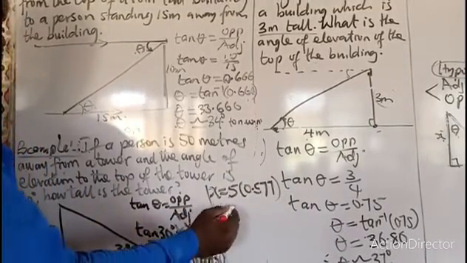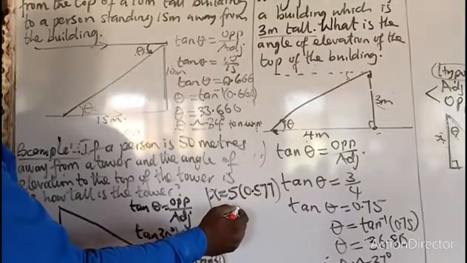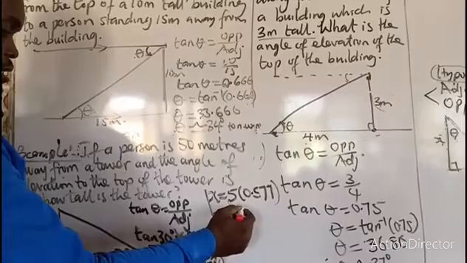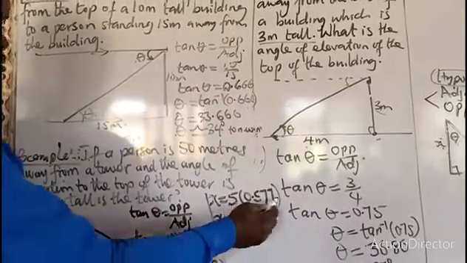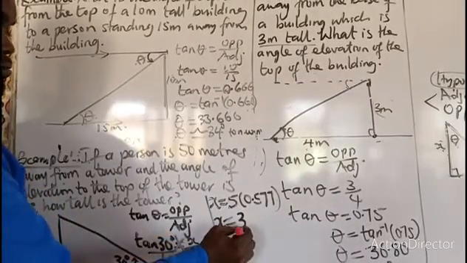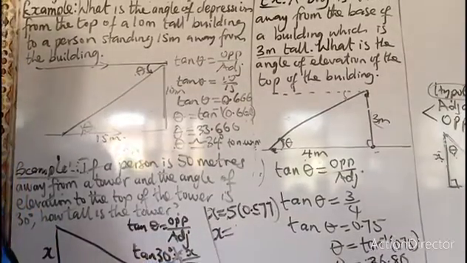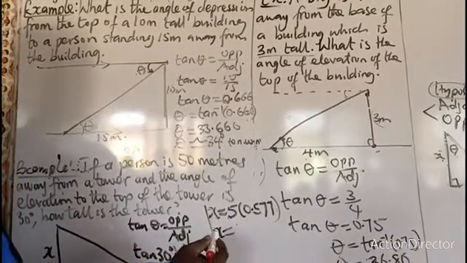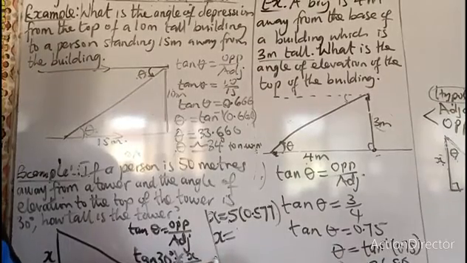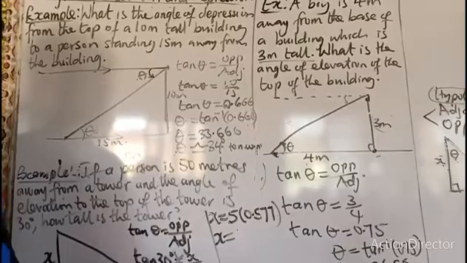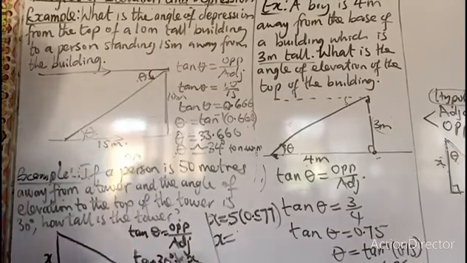Okay, so X will now be equal to 50 times 0.577. What do you get? 28.85.